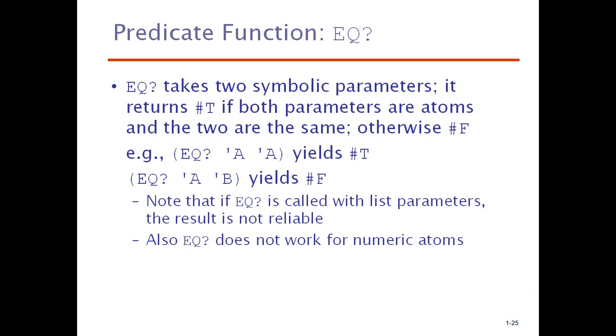This EQ? predicate function takes two symbolic operands. It returns true if both parameters are atoms and the two are the same. So in the same way, you use this quotation for the first element that you consider and compare with 0. If it is 0, then it will return true.